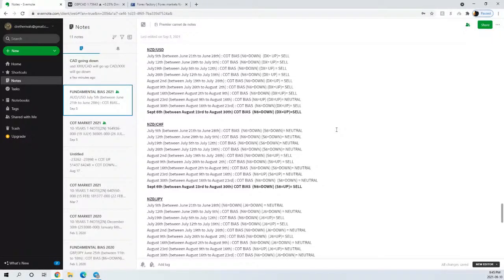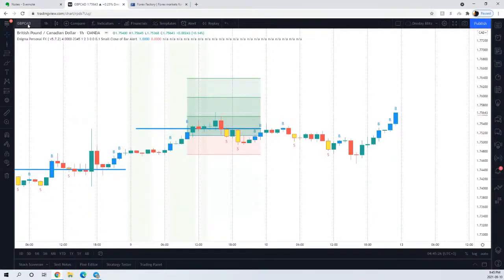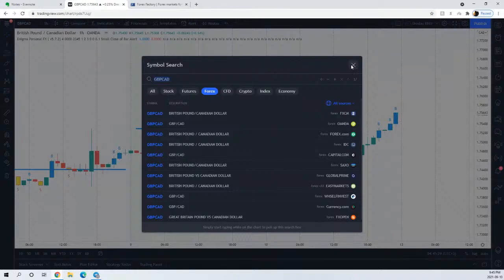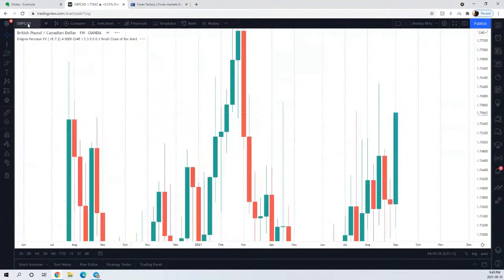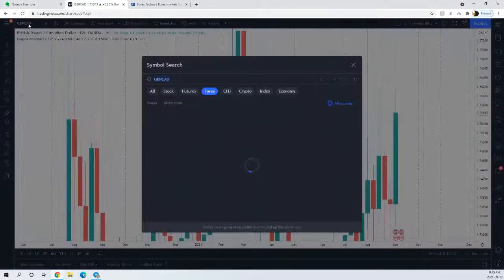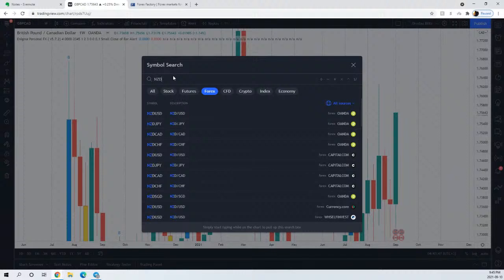Okay, so let's go on NZD USD. Okay, so NZD USD. Let me close that. Go on the weekly right away. NZD USD.